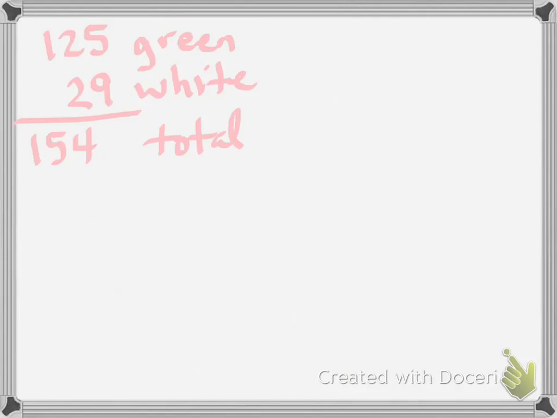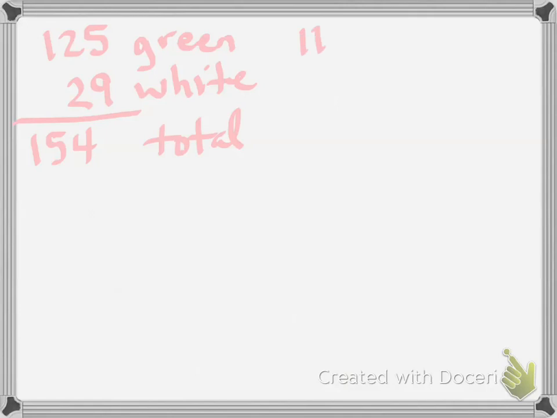Is everybody okay so far? All right. Now, our expected numbers are in percents, and we've got to get them into actual numbers. So here's what I think we should do: on our calculator, take 154 and multiply it by 0.75.